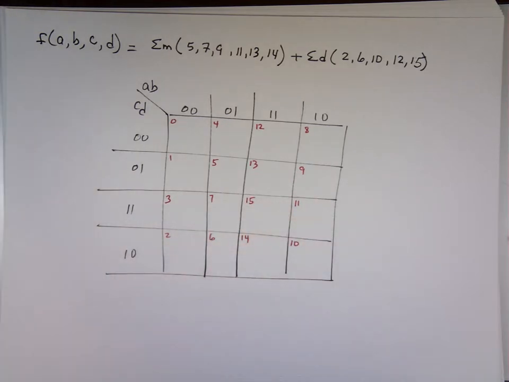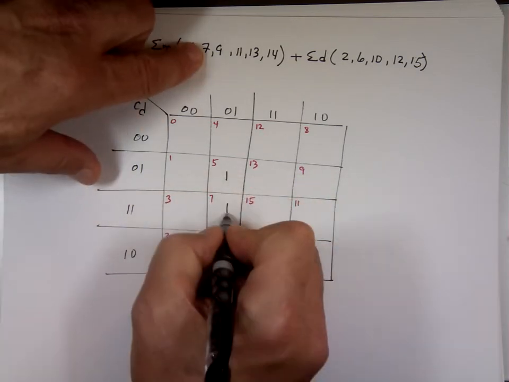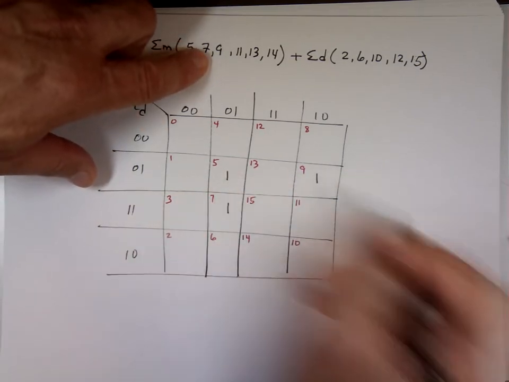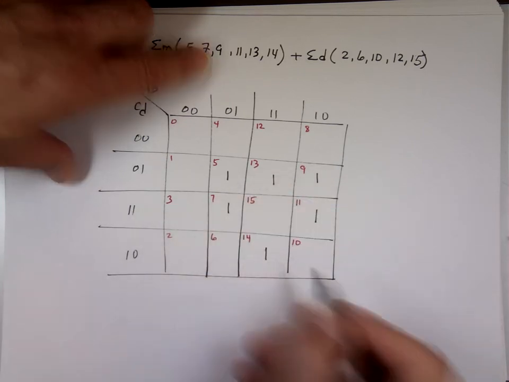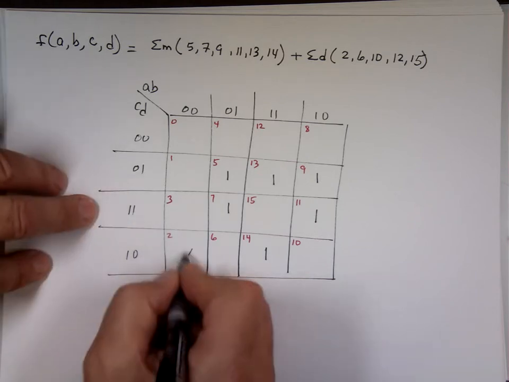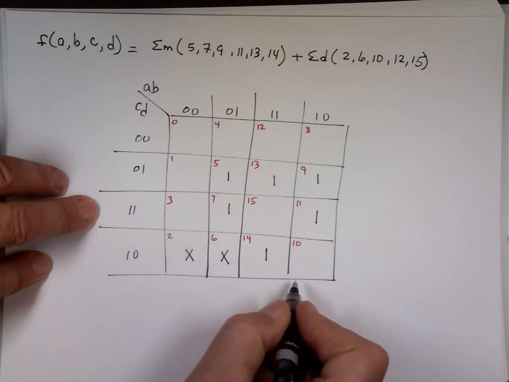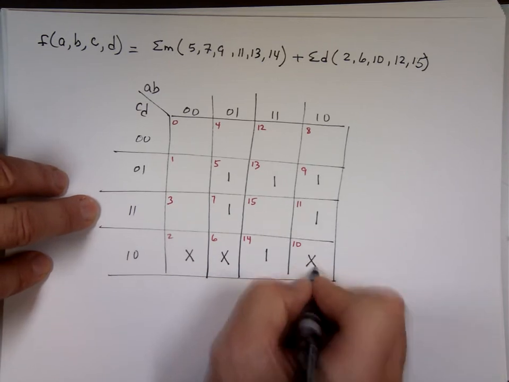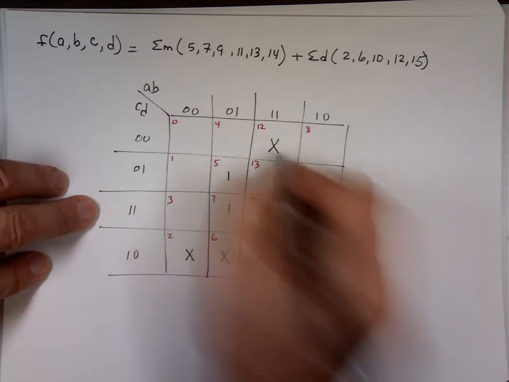We have a 1 at 5, at 7, at 9, 11, 13, 14. Don't care: 2, 6, 10, 12, and 15.